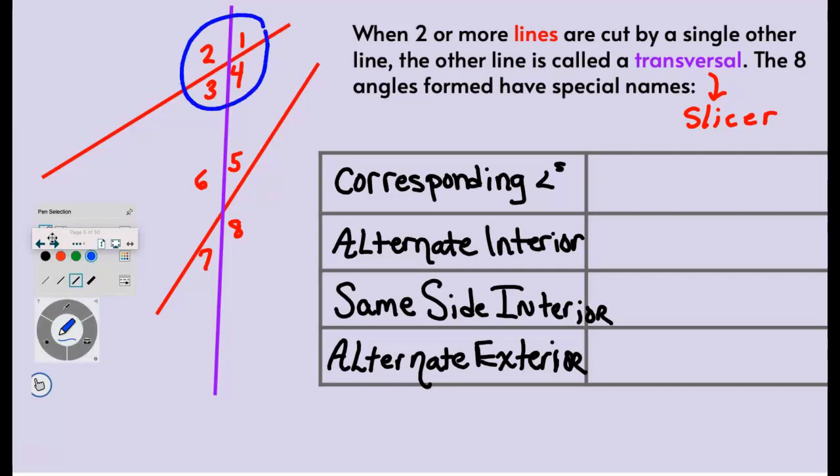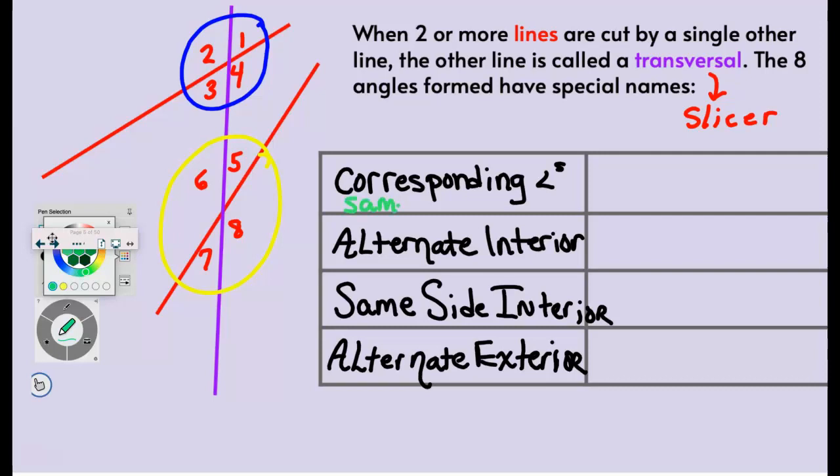So our corresponding angles generally, if you consider these 2 different clumps of 4, so I'm going to circle it. I've got clump number 1 in blue, and then I'll make clump number 2 here in yellow. And then, if you look at them separately, corresponding angles are in the same spot. So I'm going to write down here, same spot.